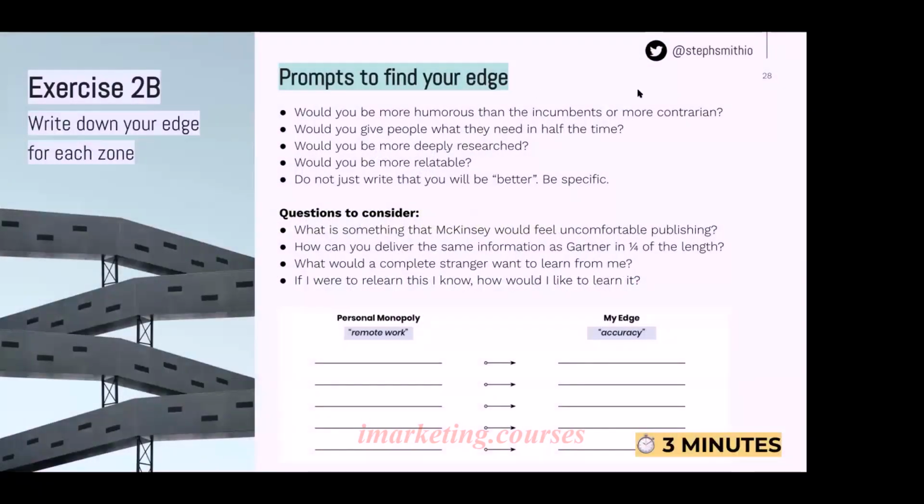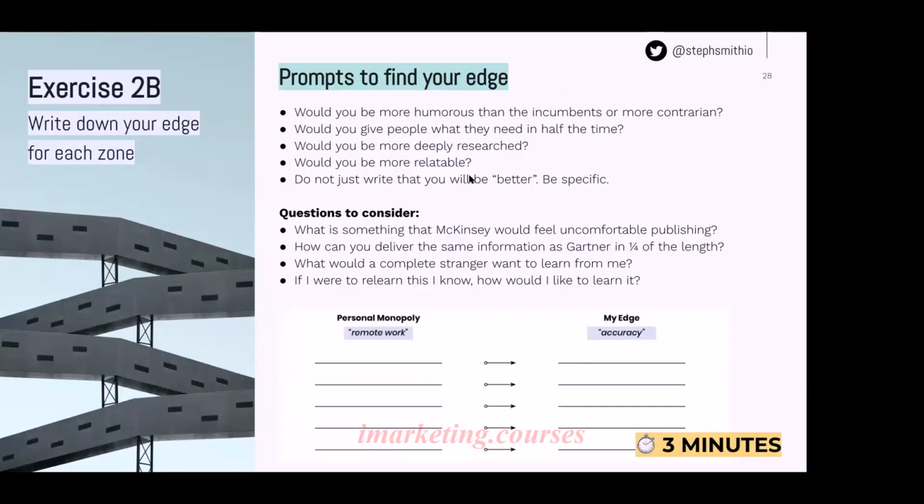That brings us to exercise B, which is part of this. You already wrote down your 5 zones of excellence. Now, having a particular topic is not enough. Remember, no one talks about a newsletter and says, I'm so glad this newsletter writes about travel, because there are so many that do. It's how they write about it. So next to each of your zones of excellence, if you've written them down, so for example, I have remote work and I have accuracy, but I think I was just a little more raw with how I wrote about it.